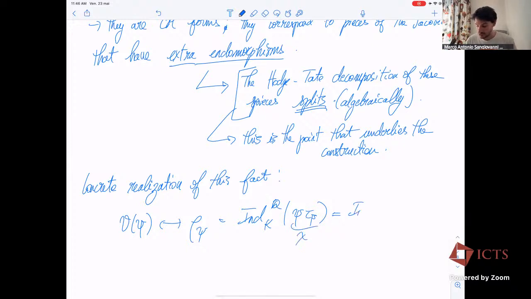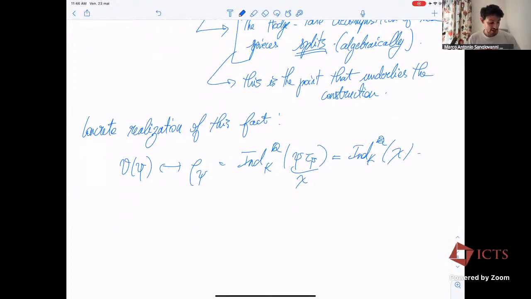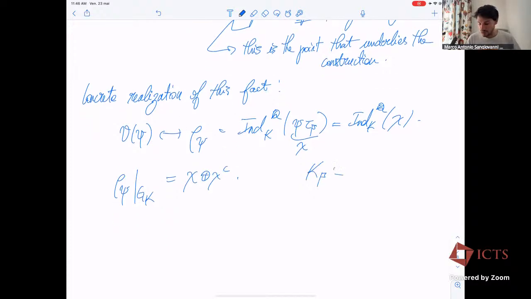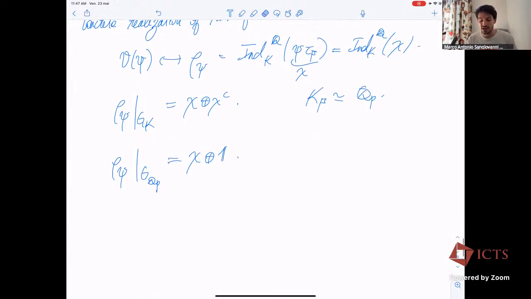So this is the induction from K to Q of chi. If I look at rho psi and restrict it to G_K, then this is just chi plus chi conjugate. But if I identify K completed at p with Q_p, then I get that rho psi restricted to G_Qp, or G_Kp, is just chi plus the trivial character, because K conjugate is trivial at p.